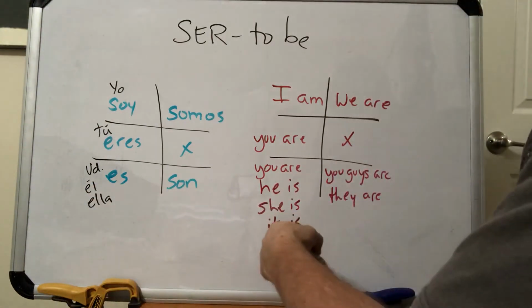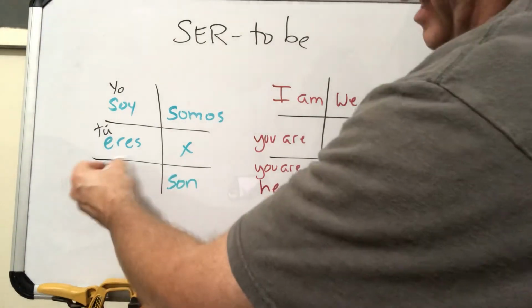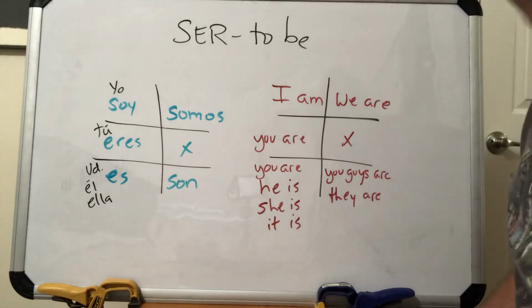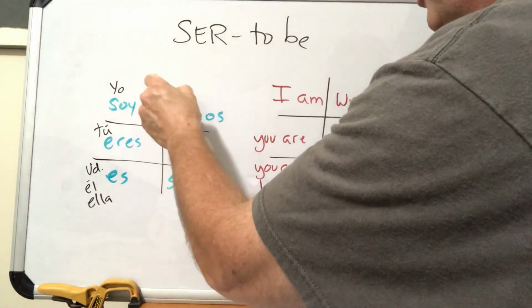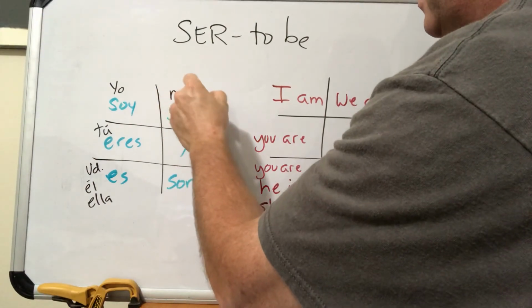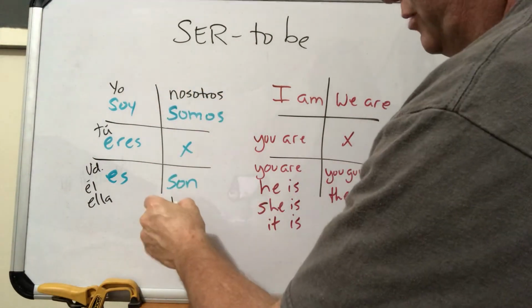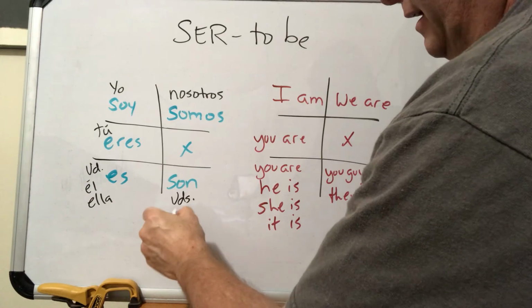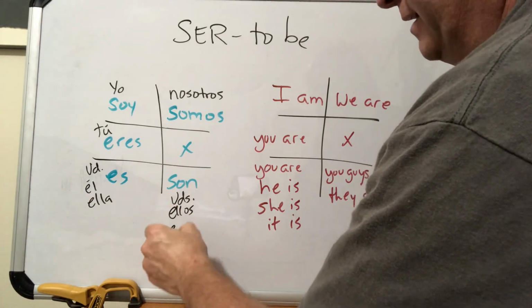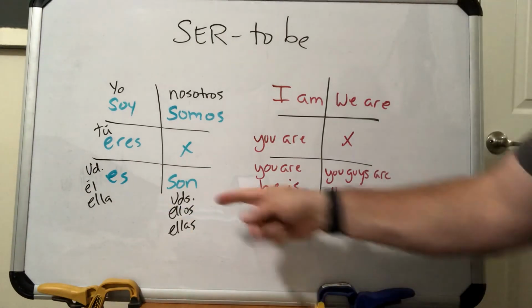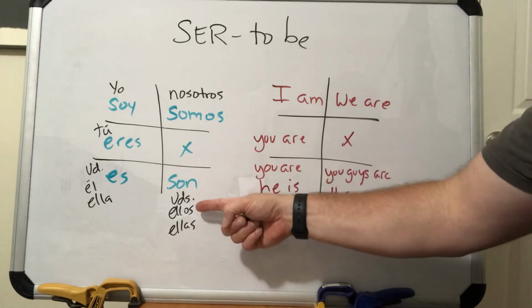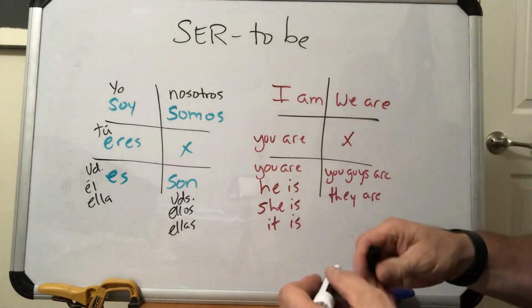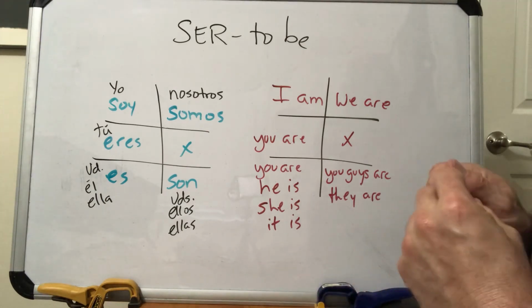Remember, we don't have a separate one for it is. It's included in the es, if that's appropriate, okay? Somos goes with nosotros. And son goes with ustedes, ellos, and ellas. Again, three different ways: ustedes means you guys are, and then ellos and ellas would be they are. Okay, so there's my verb ser.